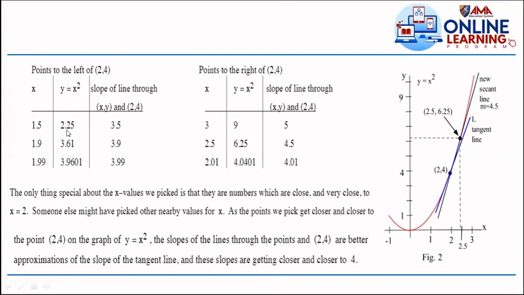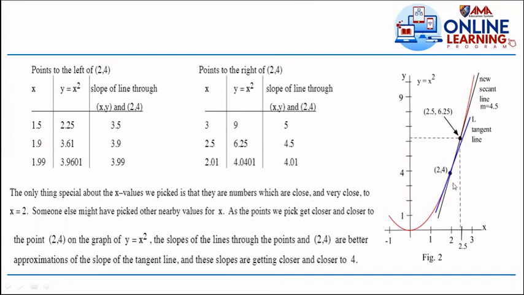Okay? So by this time, this is your y2, yung 2.25. This is your x2, and this is still your y1, and this is your x1. Using your slope formula, okay, your m is equal to 3.5.